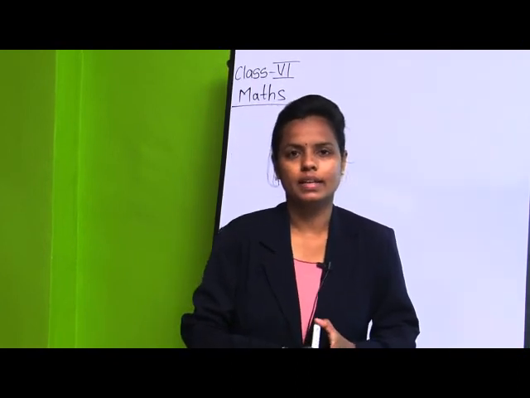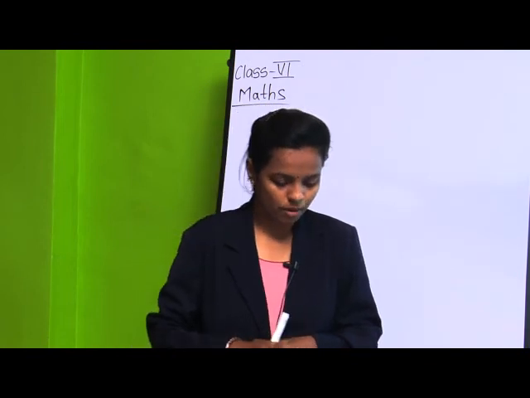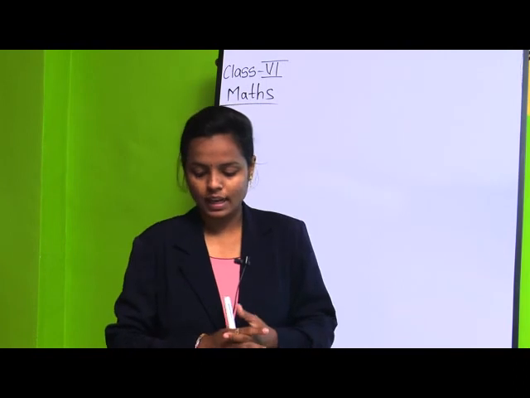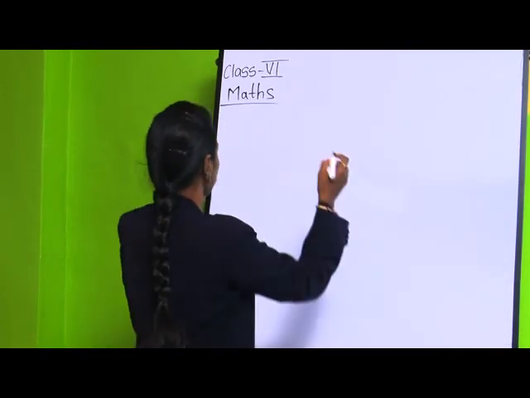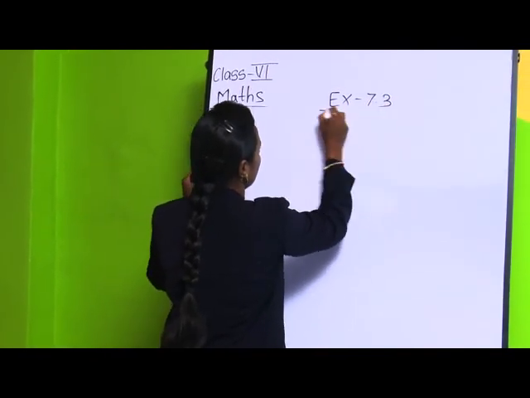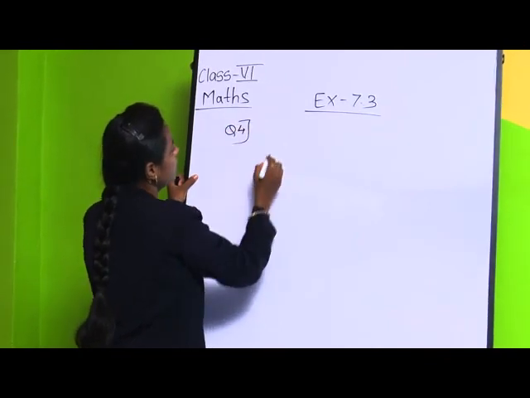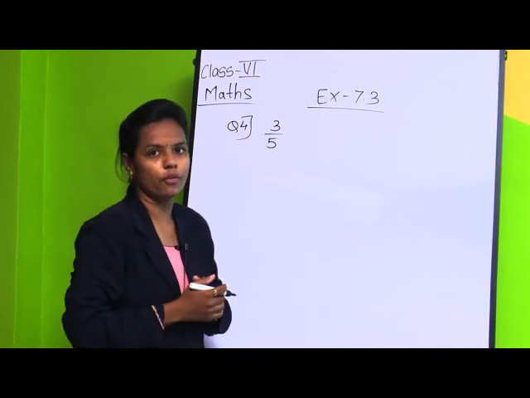Exercise 7.3 question number 4, page number 147, and the question is: find the equivalent fraction of 3 by 5. We have to find the equivalent fraction of 3 by 5.